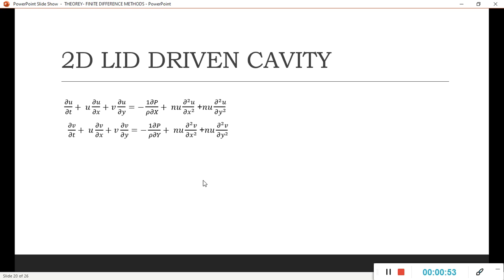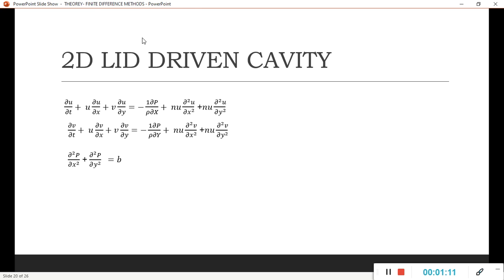And we can also write a similar set of equations for the v momentum, and we have again the time derivative, convection, pressure gradient with respect to y direction, and the diffusion term.